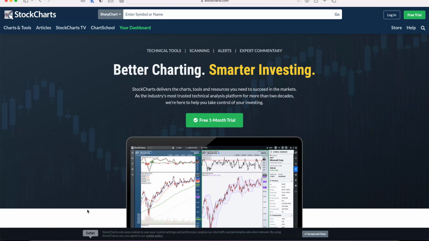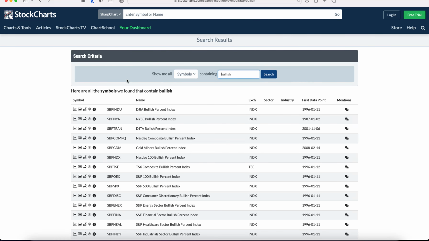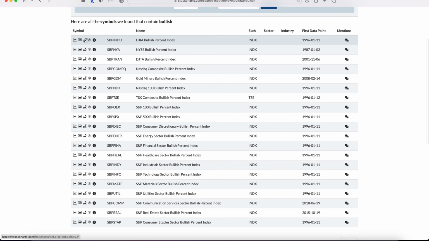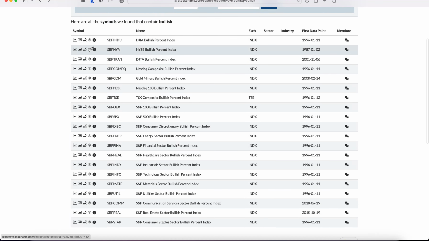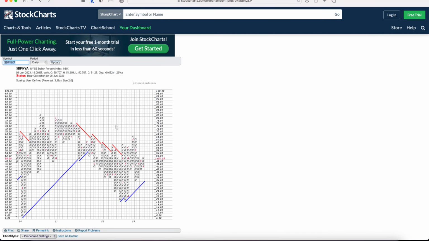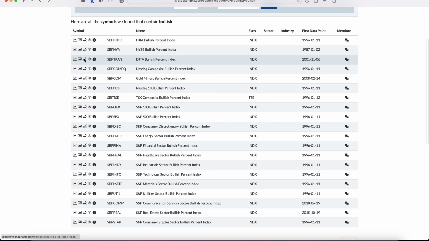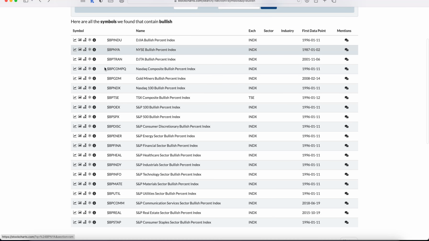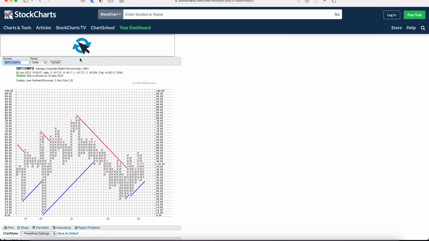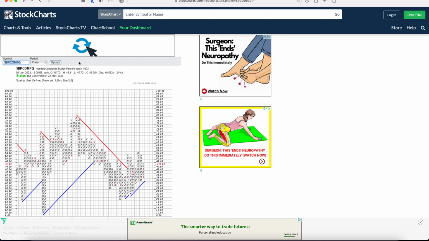Flip you over to the bullish percent indexes at stockcharts.com. The Dow flat. The New York Exchange up 1.29%. The transports flat. The NASDAQ tacked on a new X today, up 1.24%.